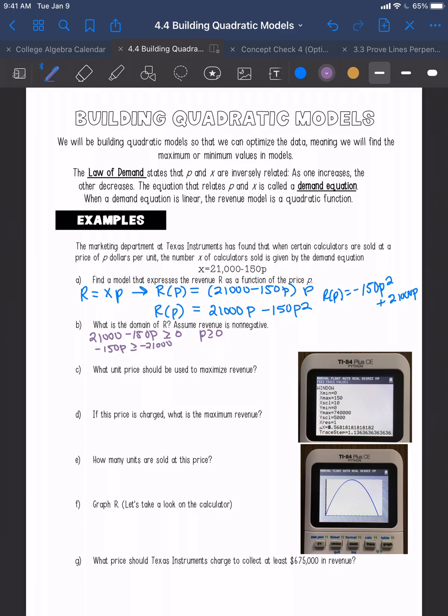Divide by negative 150, and you flip your inequality sign. So P has to be less than or equal to 140. And same thing, we also know that X has to be greater than or equal to 0. The number of units we sell, we're not going to sell a negative amount of units. So our domain here is going to be between 0 and 140.